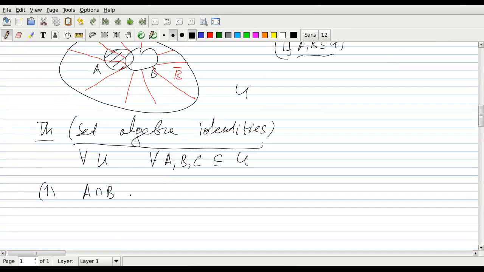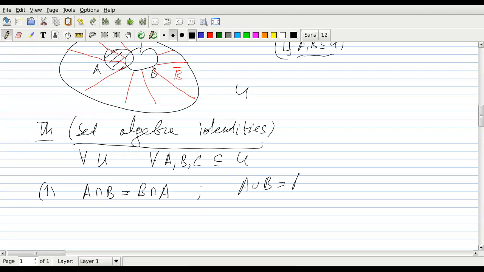The intersection of two sets equals the intersection of the same sets in the opposite order. Of course, this identity does not depend on the fact that A, B, and C are subsets of U. Of course, for every two sets, you can take their union as such U. So there is no problem.